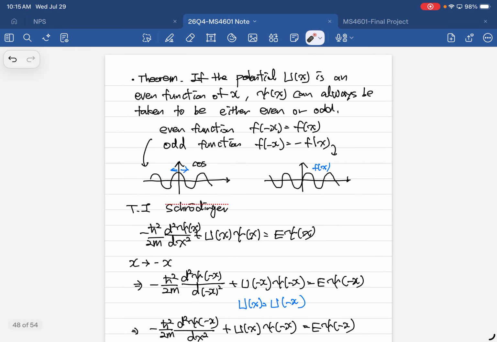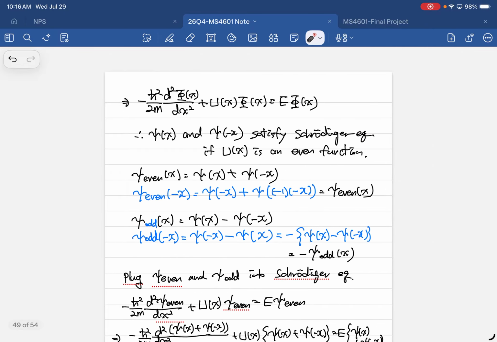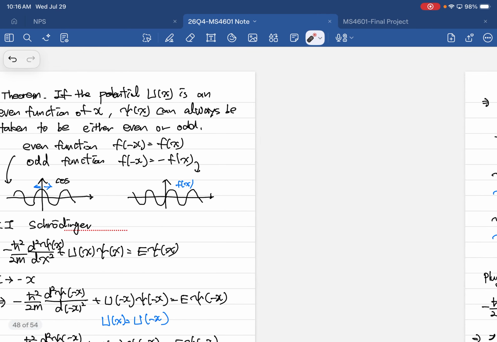For example, look at this one. This psi of negative x is essentially this big psi of x, and this part is also the same as this one, right? So this is how we can express that. Then what is this expression? That expression itself is a Schrödinger equation, right? So look at this part.